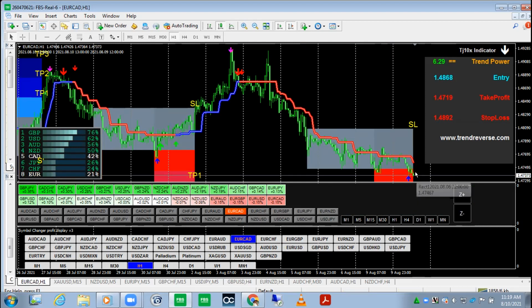Now this is Euro card, for instance. Is it an uptrend or a downtrend? Let's check. Euro card. Oh, sorry. This is a downtrend here, and we have a buy signal here.